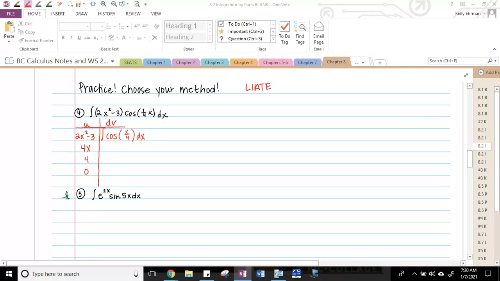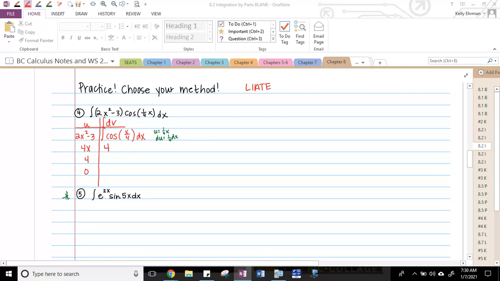Integrating cosine, remember you've got a u sub going on, and when u is 1/4 x, du is 1/4 dx.